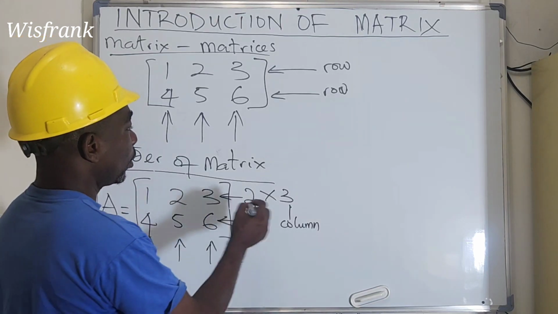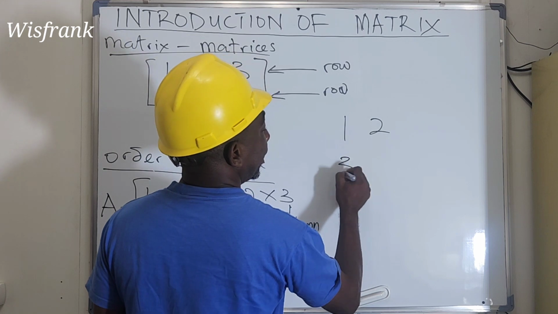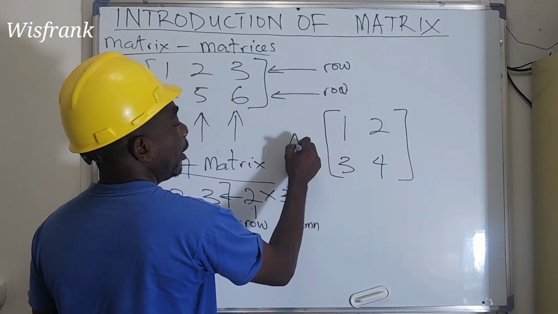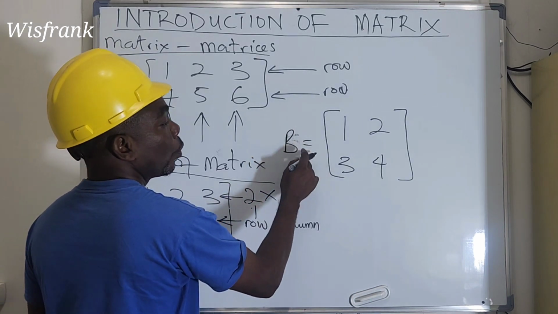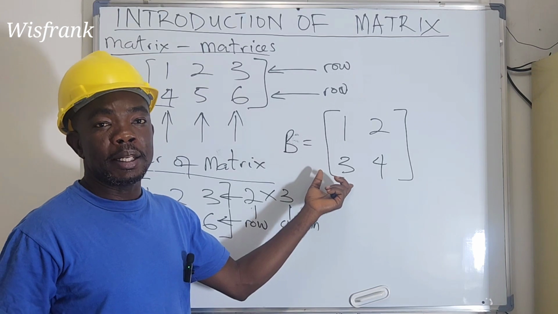So we have the next one. Let's say we have 1, 2, 3, and 4. Let's say B equals this matrix, and this is a 2 by 2 matrix. How do we identify that?